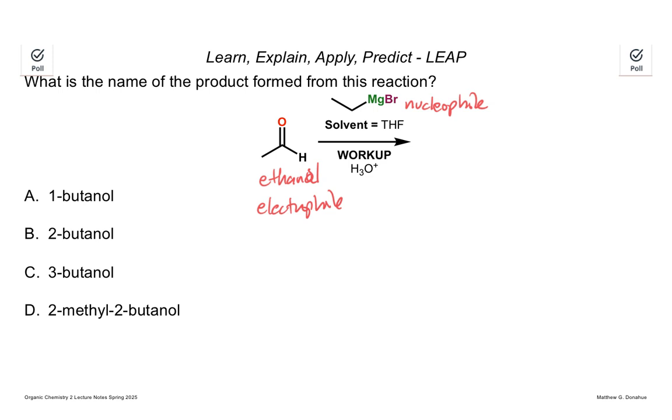So as a clue, the electrophile already has one carbon. You're adding a second one to it. So we can eliminate 1-butanol. So 2-butanol.